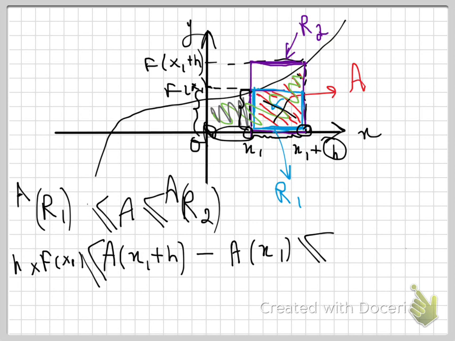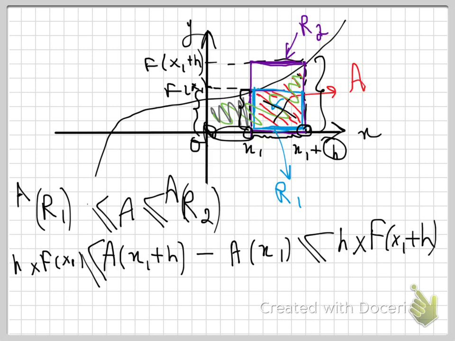Now the area of R2, the rectangle in purple, same method. It's h multiplied by, this time, f of x1 plus h.